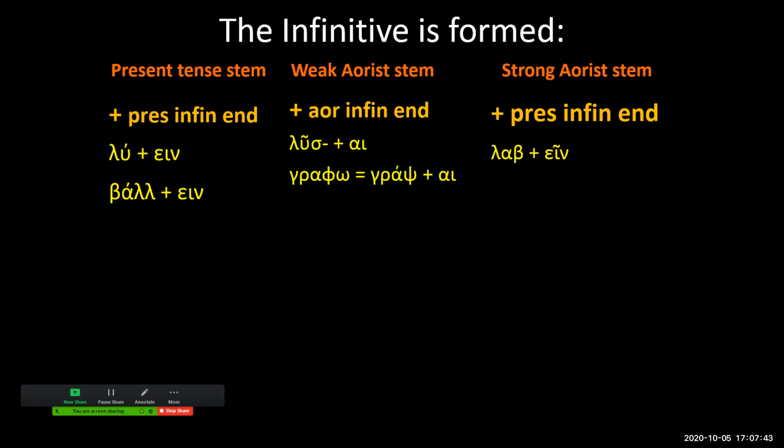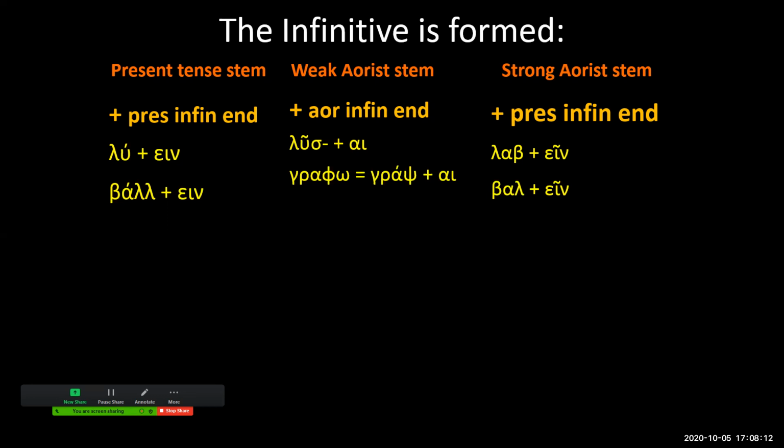Remember, we don't have the augment, so we don't necessarily have past time with the aorist infinitive. That's something we just have to get used to. The aorist tense is not the past tense. It is often the past tense when we translate, but there are many times when it is not. And notice how ballo changes in the aorist form.